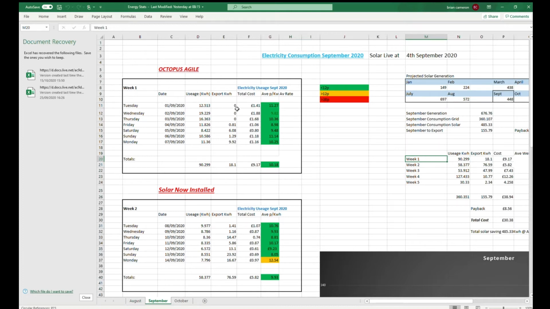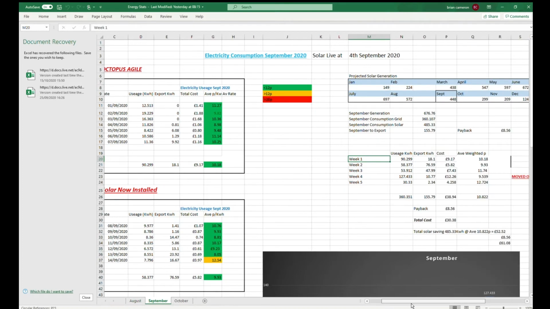But of course, you see no export data here, simply because the solar wasn't installed until Friday afternoon. So all this was Octopus Watch and online Octopus information from billing and data, etc. So it goes over 4.5 weeks, and 5 weeks.